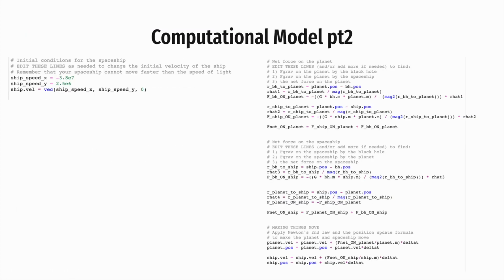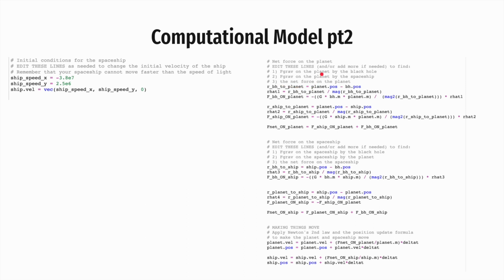So for the computational model for the second part of the lab, I established that this was my initial velocity in the x and the y direction respectively, in order to not crash or be absorbed into the black hole. And then for the net force, I essentially did the same thing for each of them, so I'm only going to explain one. We had to find the difference in position and also the r hat of that vector in order to find the force.